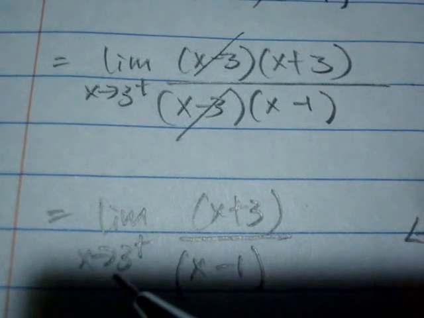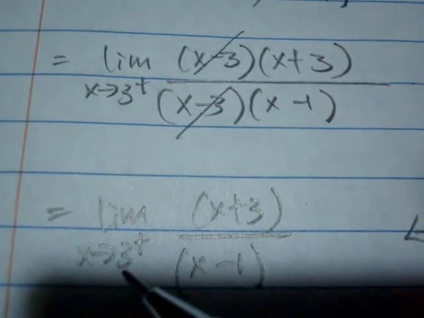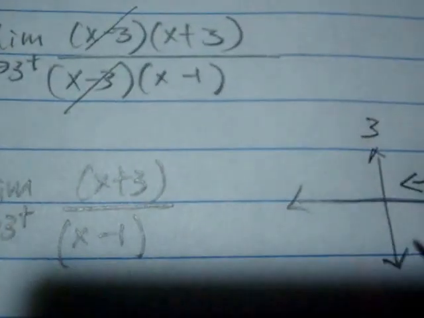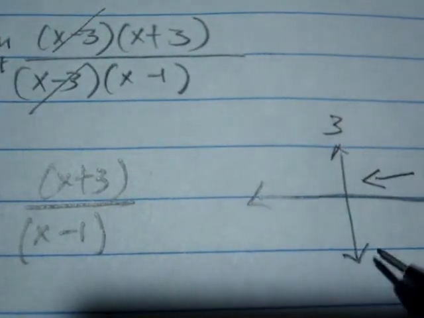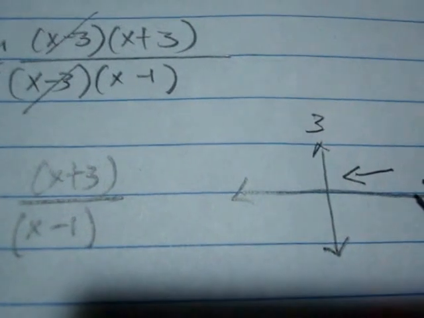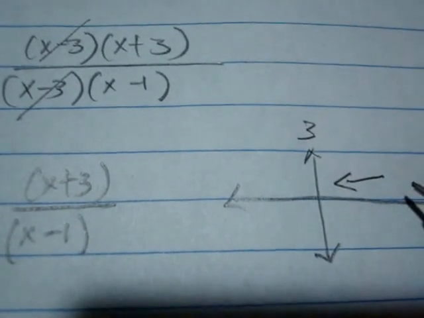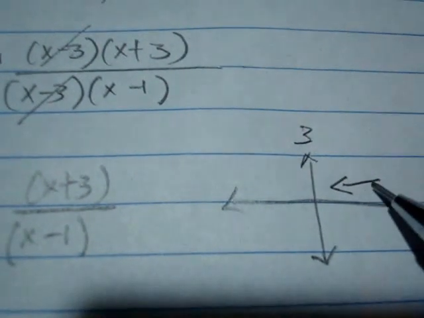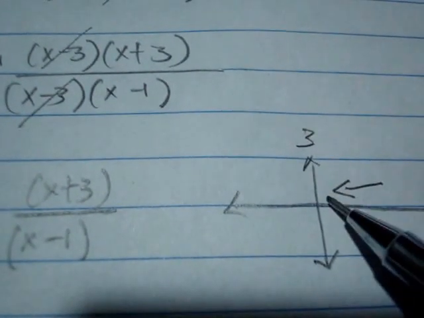For this one, take the limit as x approaches 3 from the positive side. So for instance, this is the 3, and you want to take the limit as x approaches from the positive side. That means you're going on the right side. You're approaching on the right side right here.